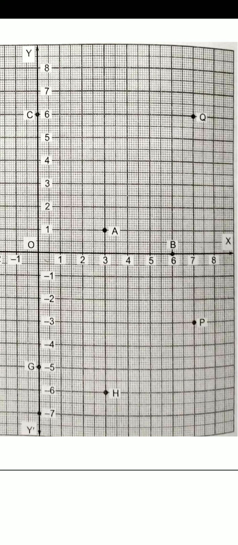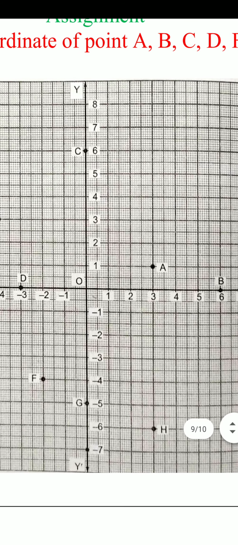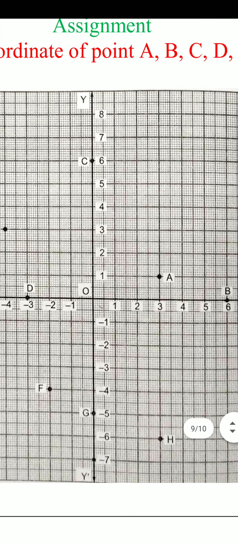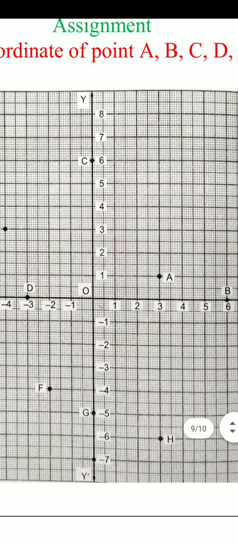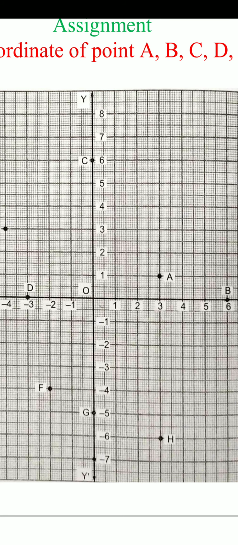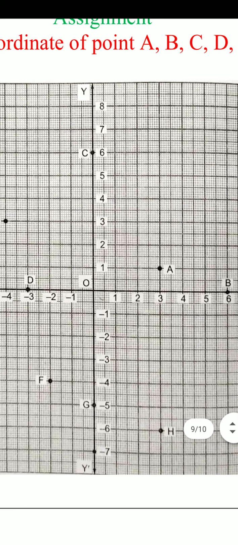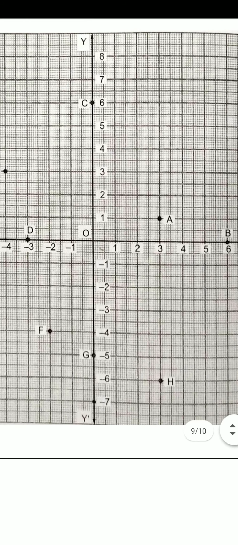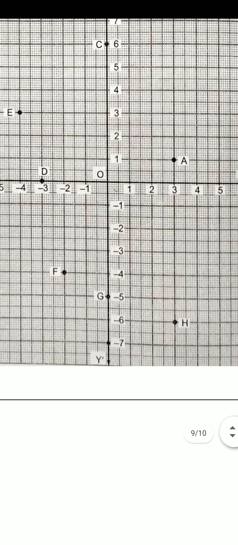Or take point C lying on the y-axis. We are not measuring any distance from the y-axis, so the distance from the y-axis is 0, and the distance from the x-axis is 6. So its coordinates are (0, 6).